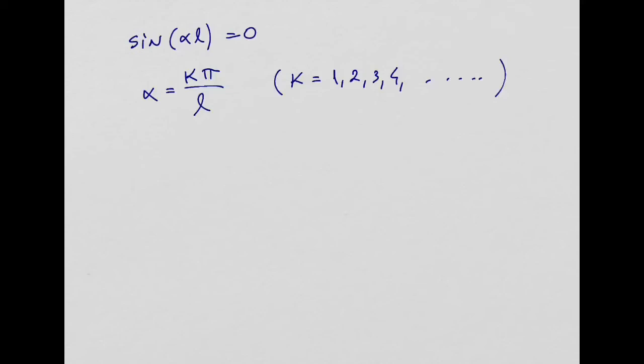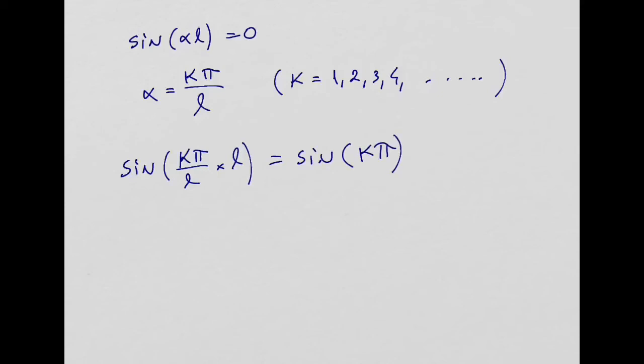So for example, if you replace this alpha in these arguments, you will have sine of k pi over L times L, which is equal to sine of k pi. When k is equal to 1, you have sine of pi, which is 0. K equal to 2, you have sine of 2 pi, which is 0. Sine of 3 pi is 0, 4 pi 0, and so on, right? So this is, in fact, the solution for that constant alpha.